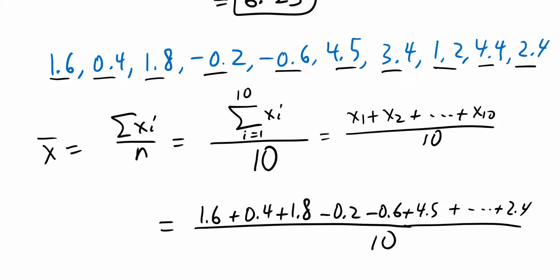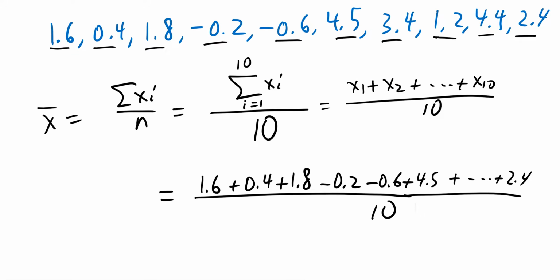And then with the calculator's help, we can put all these numbers in: minus 0.2, 0.6, 4.5, 3.4, 1.2, 4.4, and 2.4.